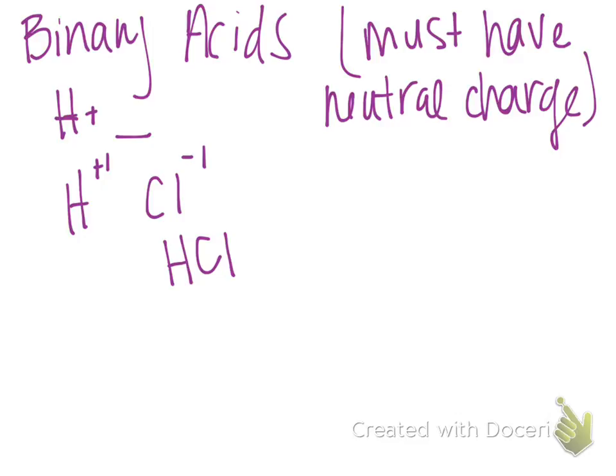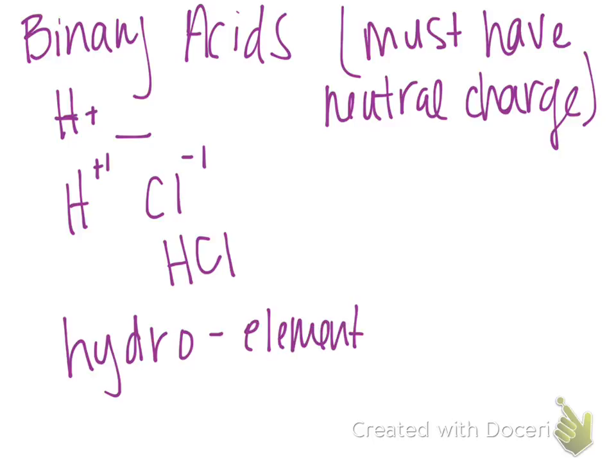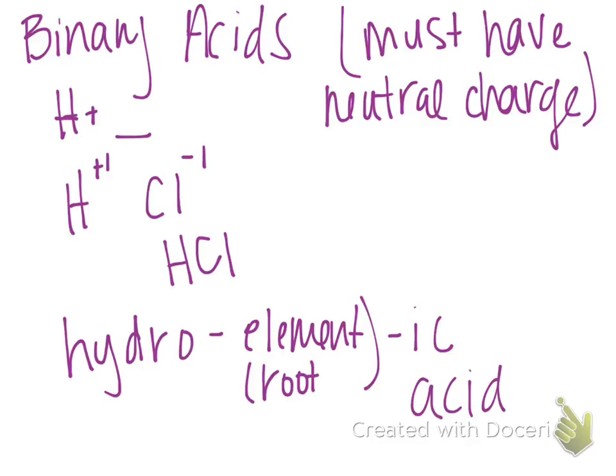Okay, does anyone know the name of this acid? Hydrochloric acid. Okay, have we heard that before? So the trick for naming binary acids, it looks like this. We start with the prefix hydro, and then the root of the element, and then it ends with ic acid.